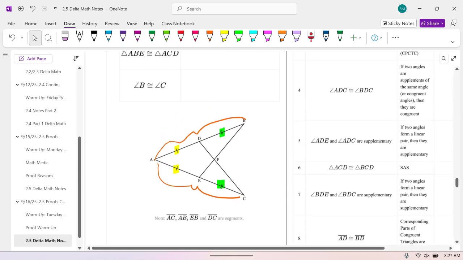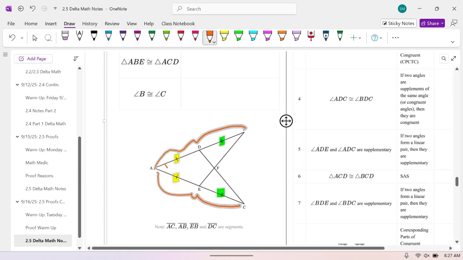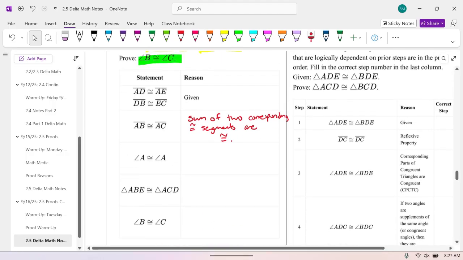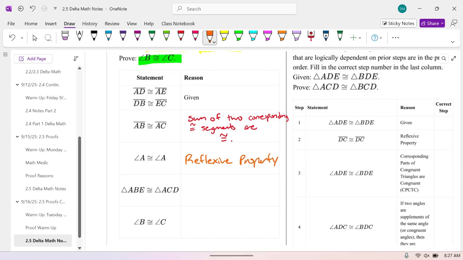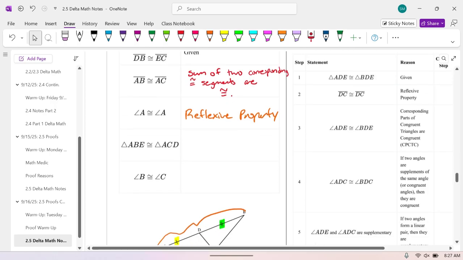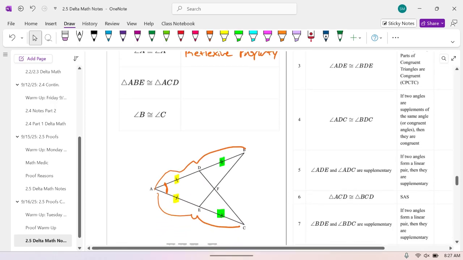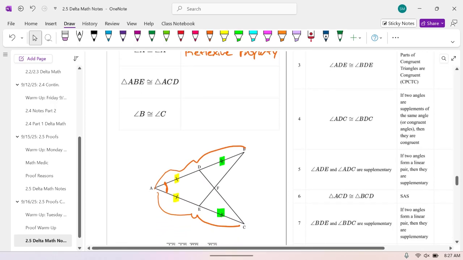They then said that angle A is congruent to angle A. What's the reason for that? That's reflexive. They then say that triangle ABE is congruent to triangle ACD.